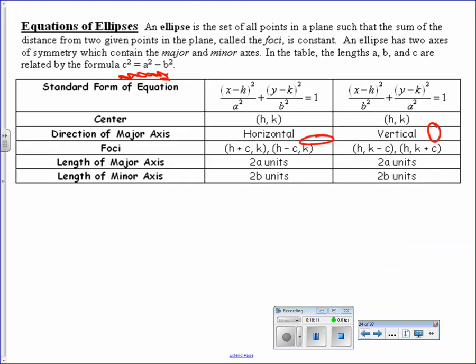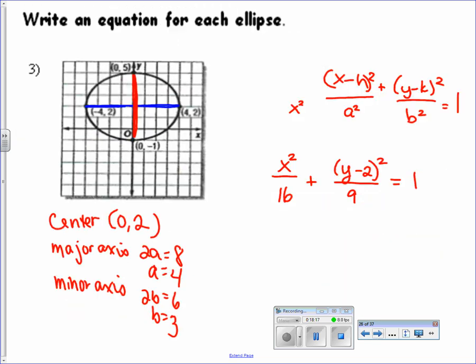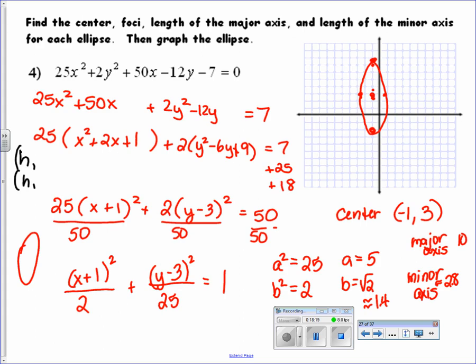So I'm using this formula for that: k plus c, k minus c. And you'd say, what the heck is c? Go back to the beginning notes. What is c squared equal to? It's a funky form, but it's not the Pythagorean theorem. It's a squared minus b squared equals c squared.